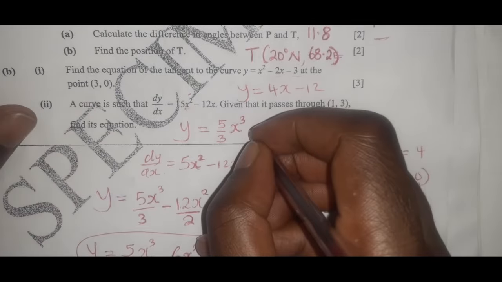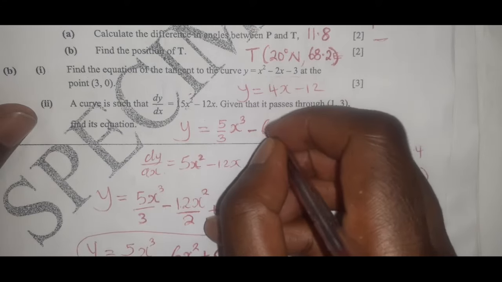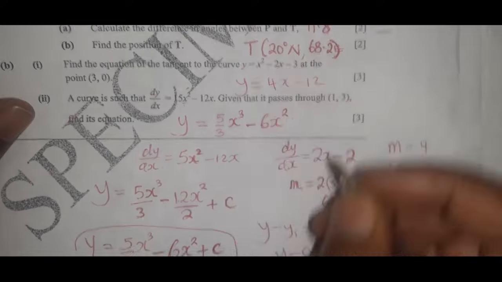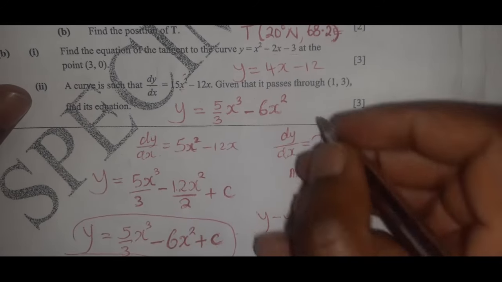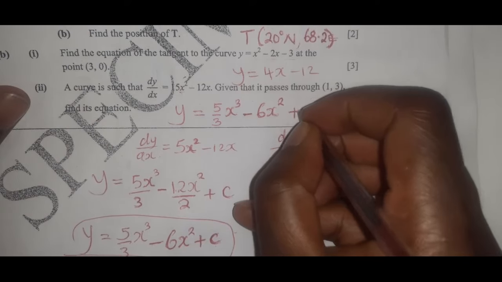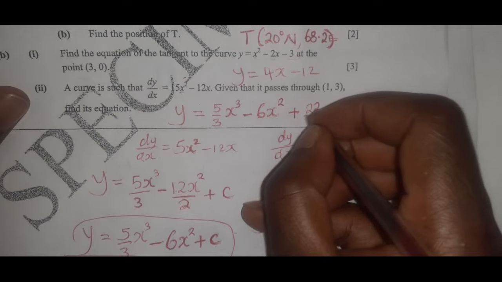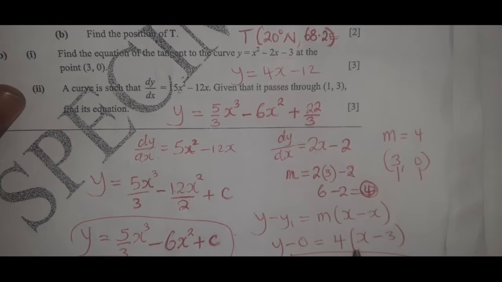Then minus 6x squared plus c. So instead of plus c, now we're going to bring plus 22 over 3.